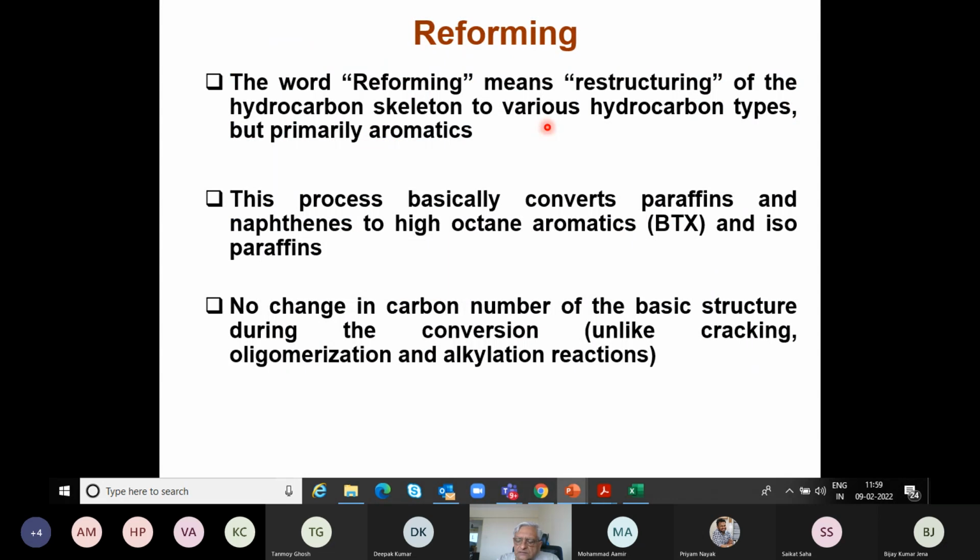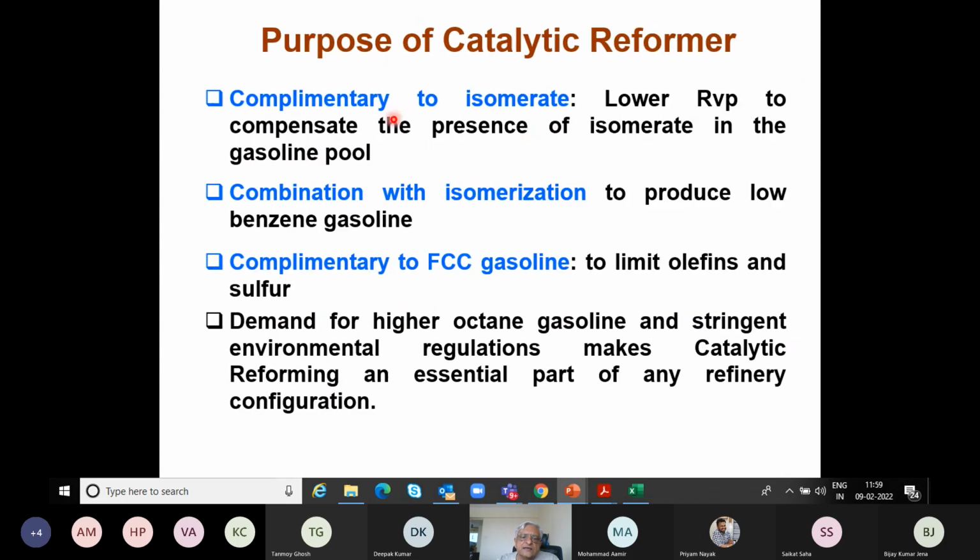The reformate helps complement the isomerate because it lowers the RVP, since the isomers generally boil at a lower temperature, so their vapor pressure is high. The combination with isomerate also produces low benzene gasoline. Generally the reformate has a higher benzene content and the isomerate has zero benzene, so they complement each other.